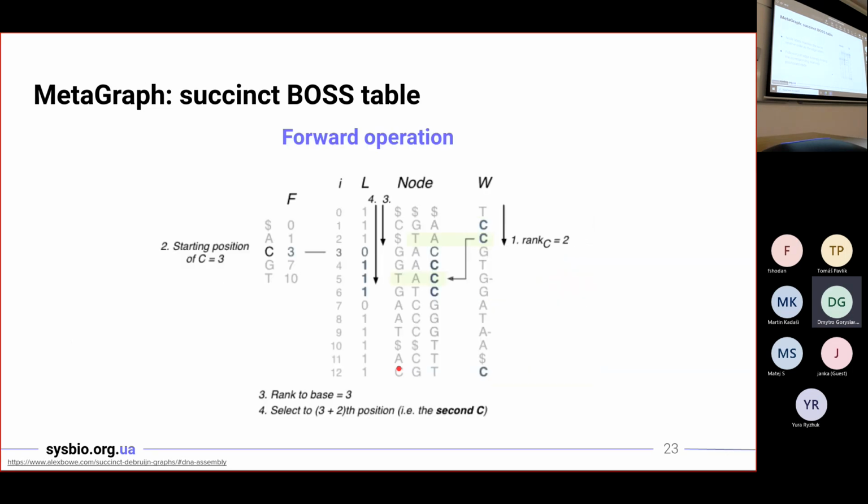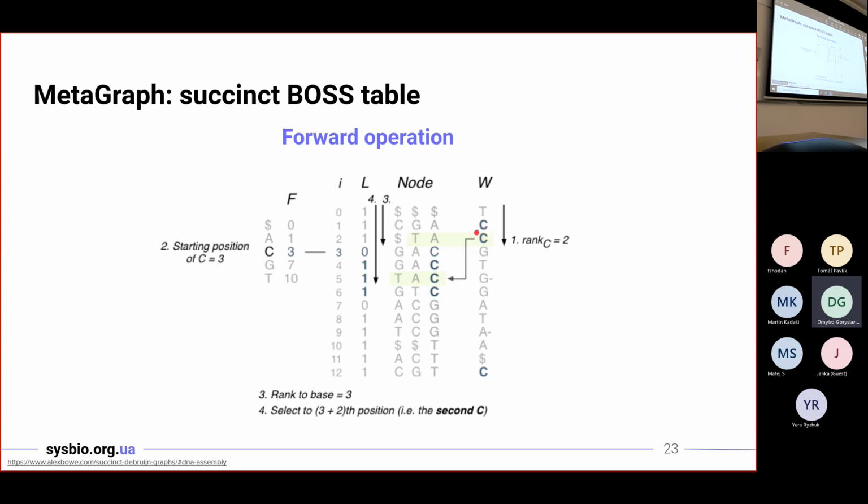Let's take a look at an example. With these tables, let's say we would like to find the node to which the edge with index 2 points. So we start from this node and we want to go forward with rank and select operations.